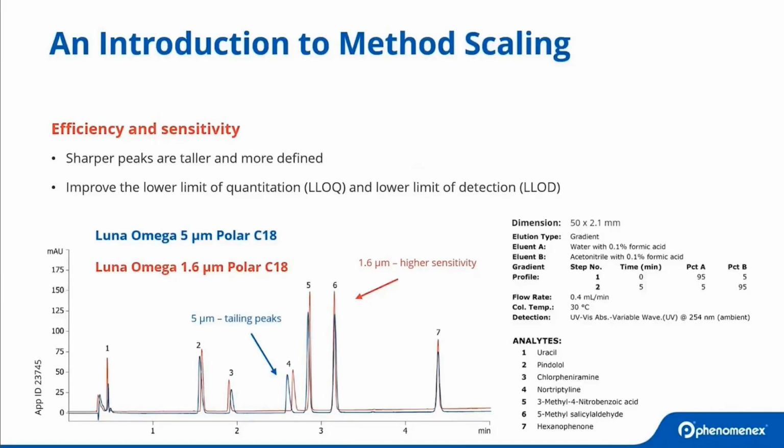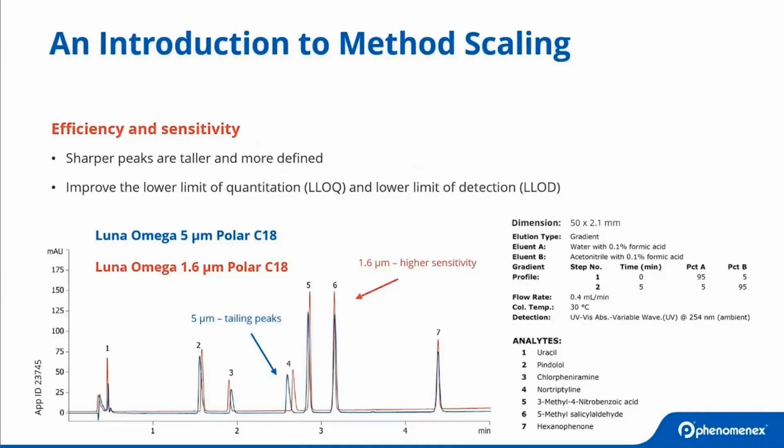The blue chromatogram representing a 5-micron particle size, while the red chromatogram represents a much smaller 1.6 micron particle size. And again, it's also important to point out that we are working with the same particle morphology and stationary phase, specifically fully porous particles with a polar C18 phase.